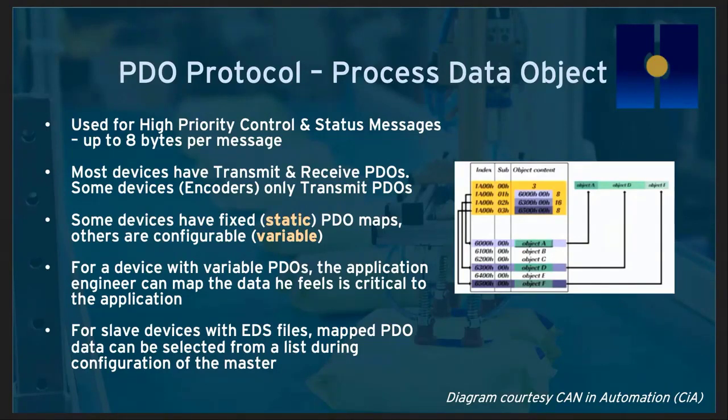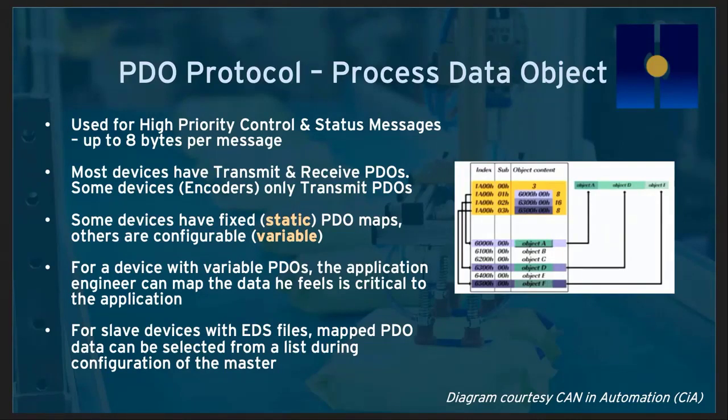So that's a really powerful capability in CANopen as well. Not only can you have access to any data you want, like with an SDO, you can configure it into a PDO and get it quickly and regularly. Very cool.